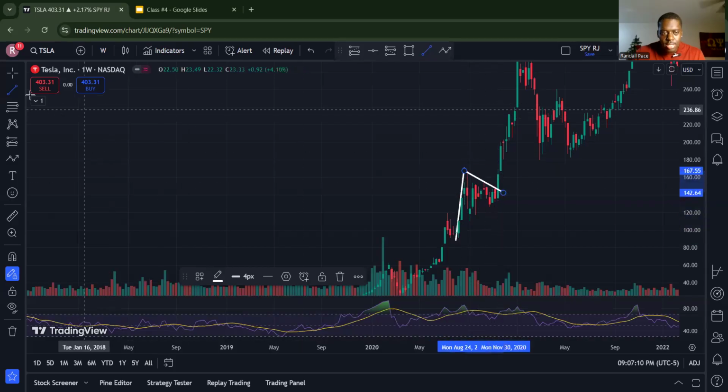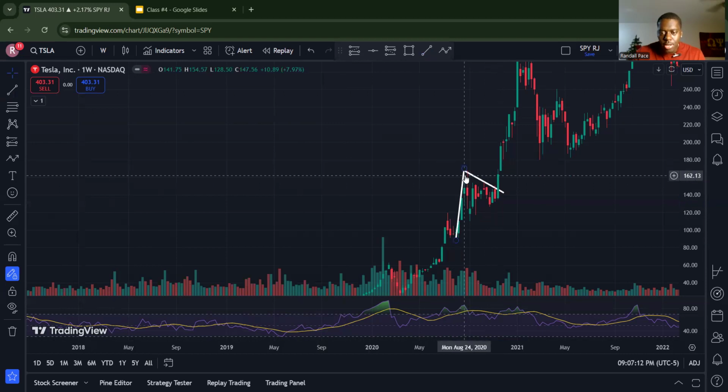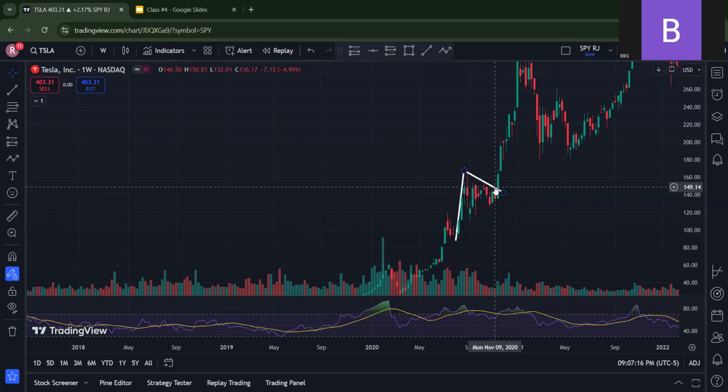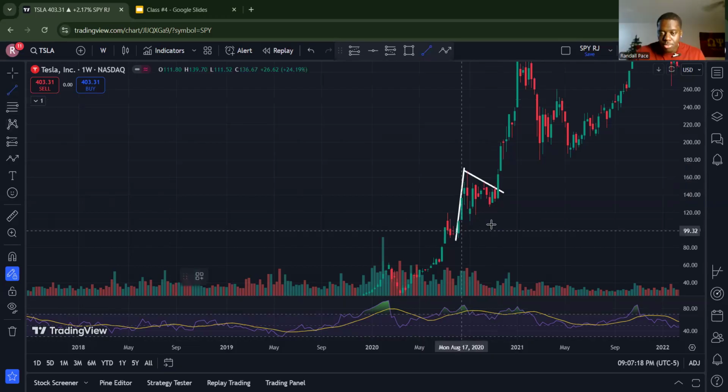This top trend line indicates that it's making lower highs. And this bottom trend line is saying that we're making higher lows.